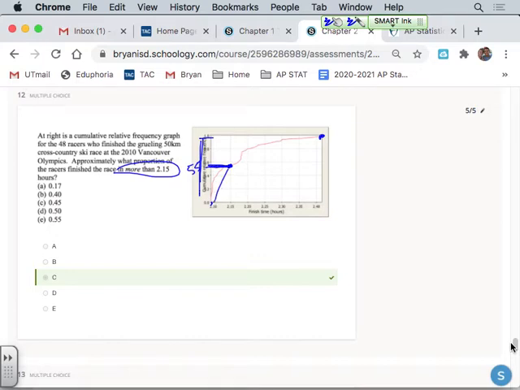So basically that was 55% of our data up till then. And then you came over here and most people clicked 55%. But it said more than, so it's talking about who was after that. How many people then trailed off from there? That would have to be 45%. So there's your answer, 45%.